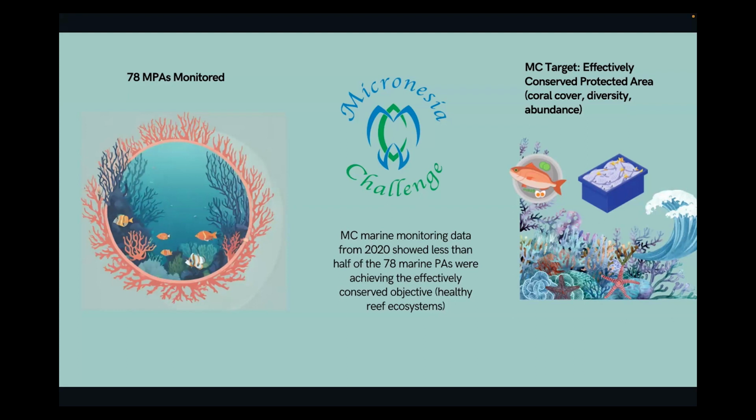So that was the target, was to have those things: healthy coral cover, diversity, and abundance. And there was a huge monitoring effort around the region. And the results of that monitoring showed that less than half of those sites were achieving that objective. So less than half were having healthy coral cover, improved diversity, and abundance.